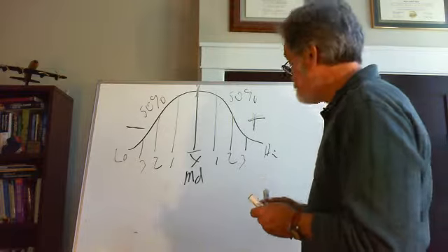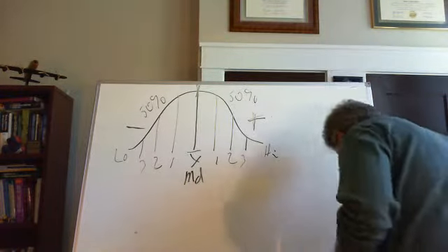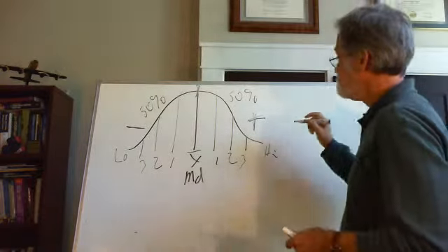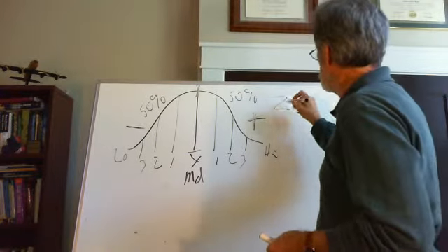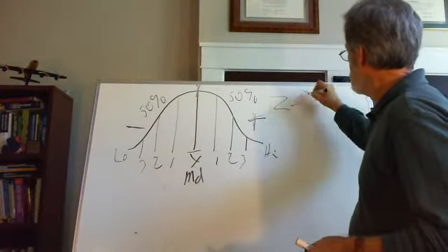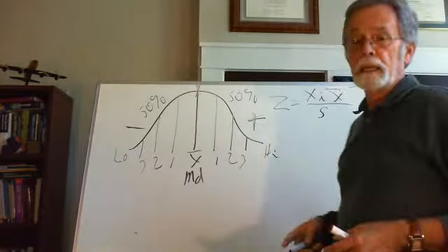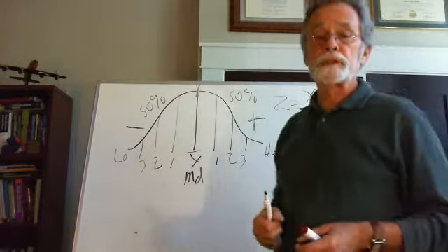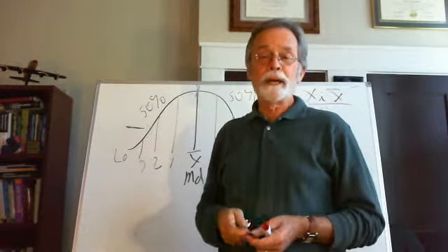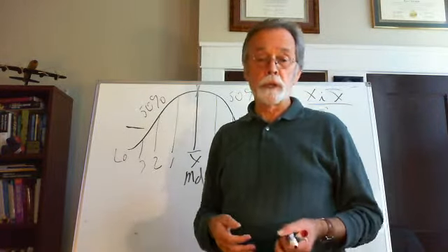Now, what we're going to talk about is z-scores. The z-score equals x_i minus x-bar over the standard deviation. Now, there are going to be some circumstances in statistics where the data are given to you by Healey for you to do the calculations to solve the problems.